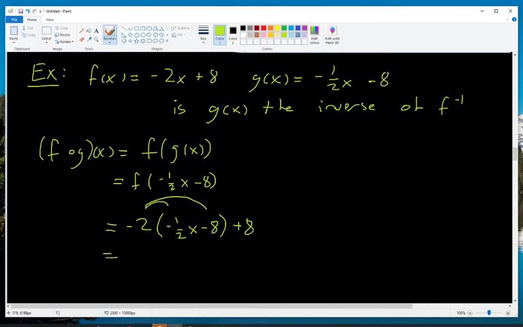Negative 2 times negative 1/2 is positive 1, so we just get positive 1x. Negative 2 times negative 8 is positive 16 plus 8, so I get x plus 24. And so in this case, no, it doesn't work out. We don't get just x back from these two functions. You get back x plus 24, and since we got back something other than just x, in this particular case, these are not inverses of each other.